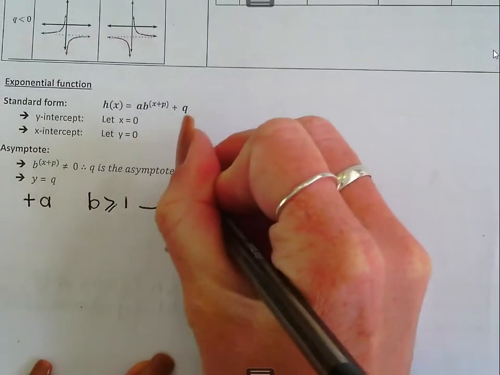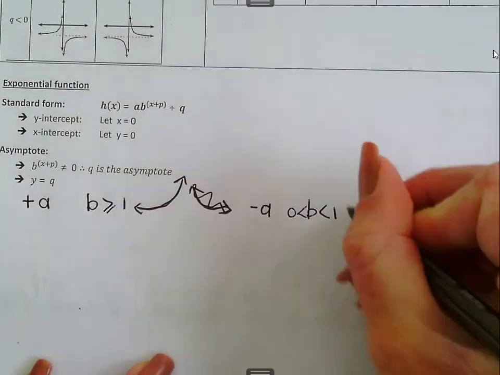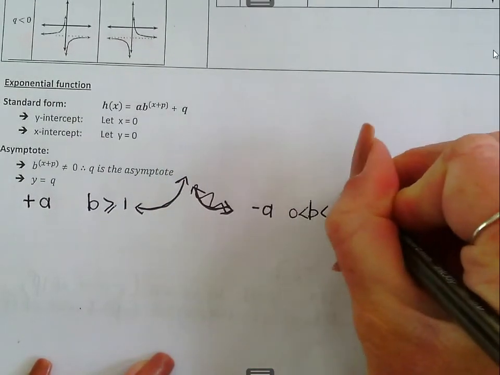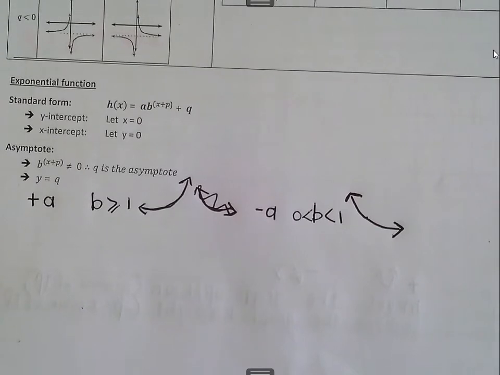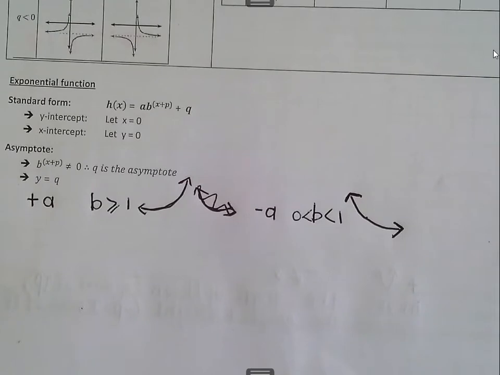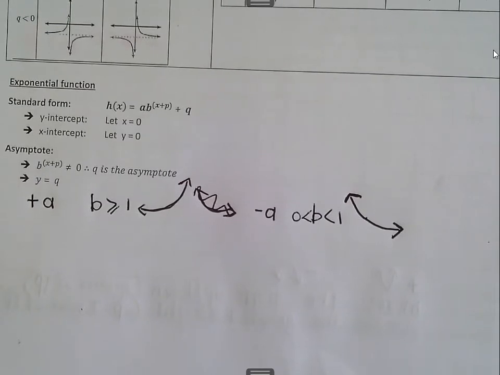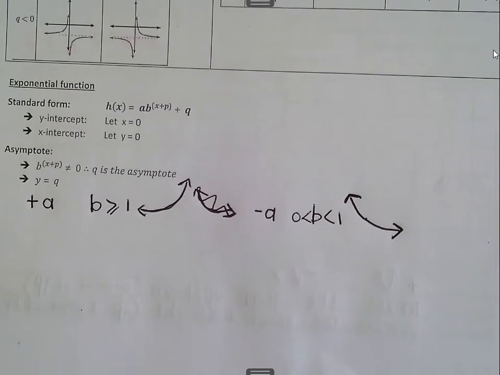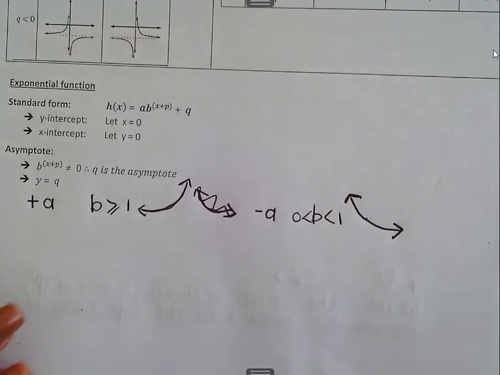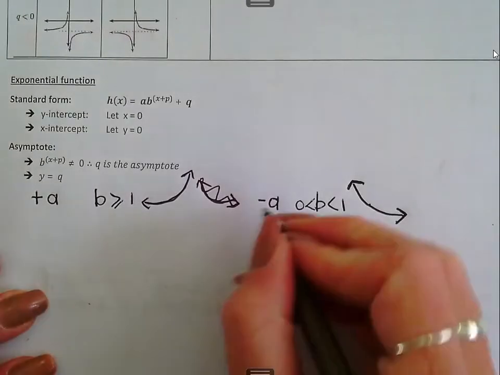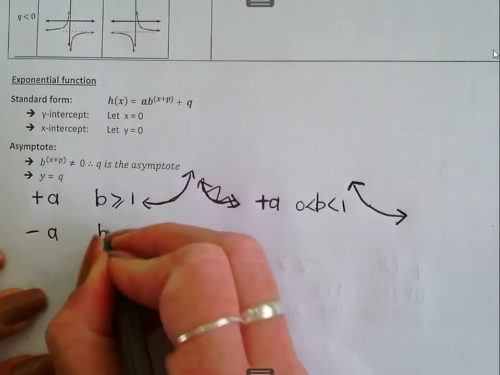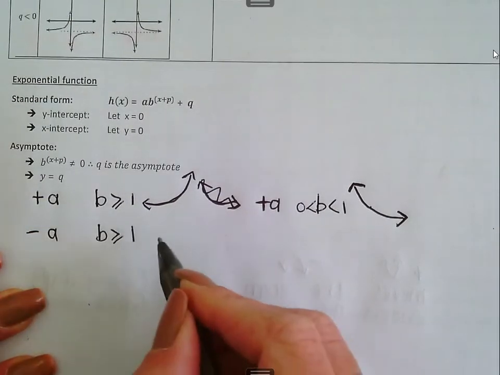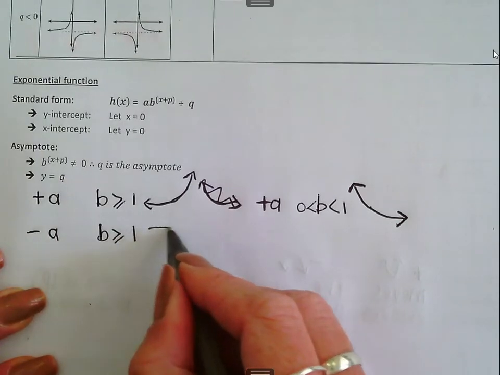Sorry. Okay, and then when A is going to be negative, but B is still greater than or equal to 1, then it's the reflection.